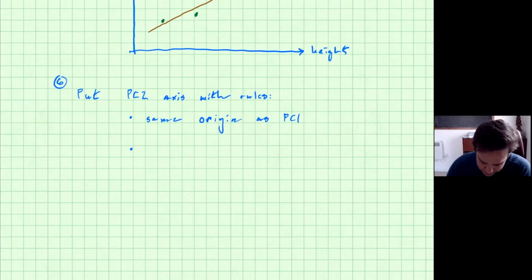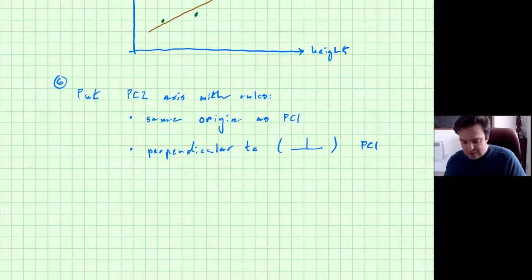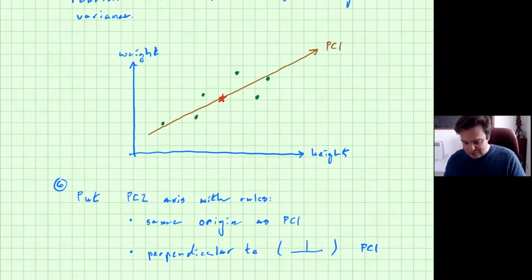And then the other rule, which is pretty important, is that it's perpendicular to (and the symbol for that, in case you don't know, is like that; the parentheses are not part of the symbol) PC1. Right? Now, think about that.